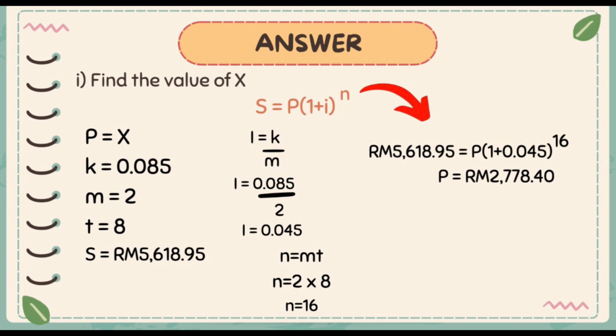We will change this formula to make P the subject, and when we put all the information into the formula, we will get P equals 2,778 ringgit and 40 cents.